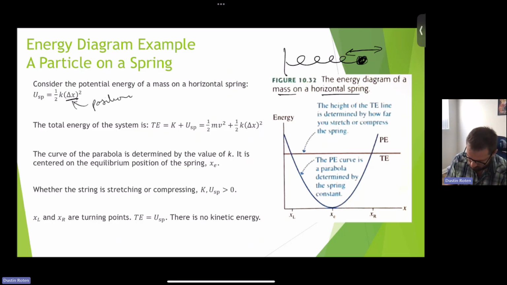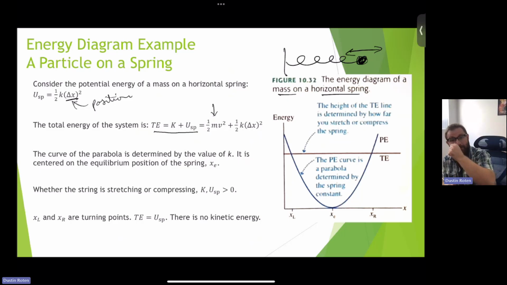Okay, so if that's our potential energy, what might our kinetic energy be to give us the total energy? So we're after this: the kinetic energy of the system plus the potential energy of the system gives us TE. Well, we've got the mass on the end of the spring. We're going to assume the spring's massless.